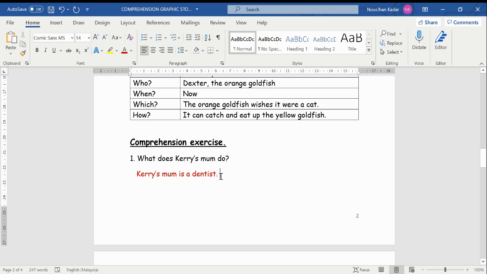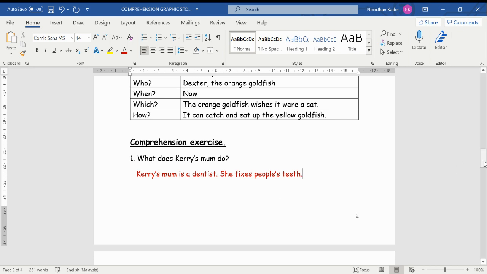Then we can write more. Because if it asks what is Carrie's mom's occupation, then you can just write Carrie's mom is a dentist. But since they ask what does Carrie's mom do, you can give more explanation. Carrie's mom is a dentist. She fixes people's teeth.